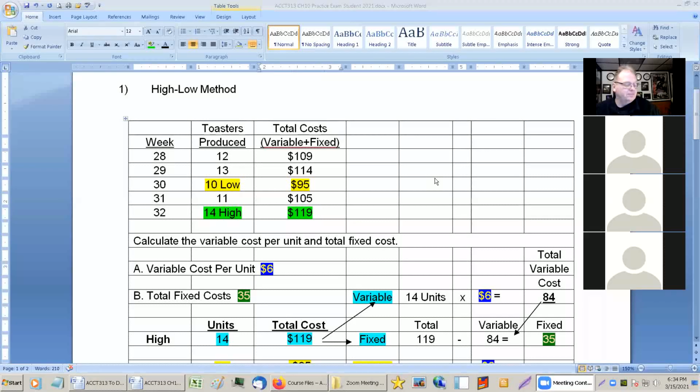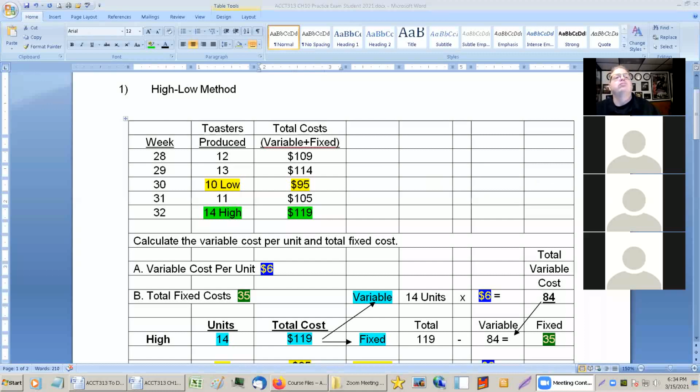It'd be very easy to see how many things you produced, go to your bank statement, see all the payments you made, and you can back into the data, either doing a high-low or the regression method. And if you have thousands of parts going into these things, it's much quicker to do it that way than to dig through thousands of parts. A lot of times it's more accurate too, because of the problem of miscategorizing.